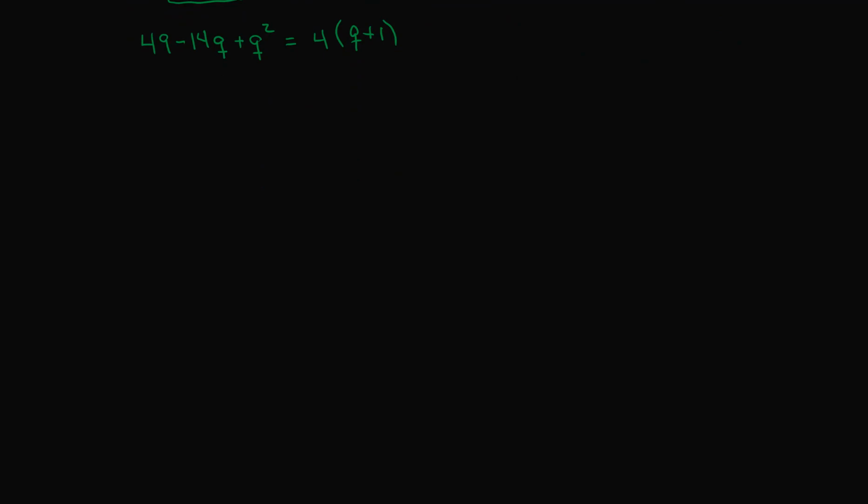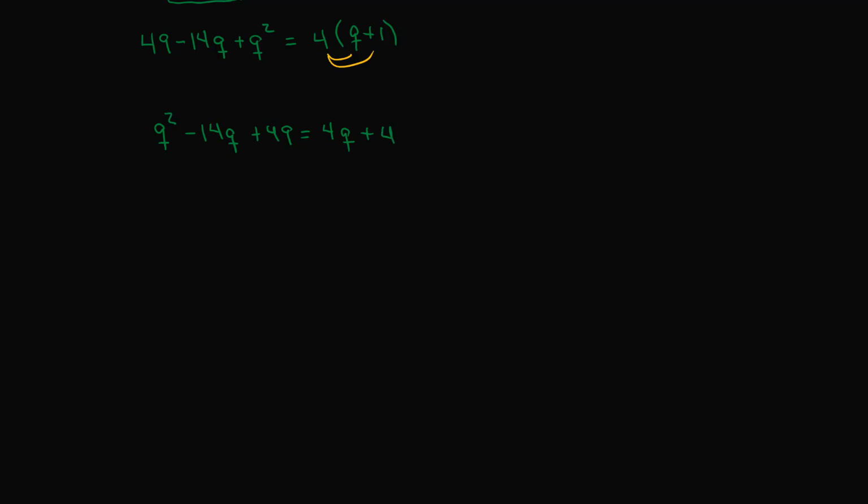Okay, so this is going to give us our Q squared minus 14Q plus 49 on the left side. Notice I just got things in order from the highest exponent to the lowest exponent. Then I'm going to distribute this 4, which is going to give us 4Q plus 4.